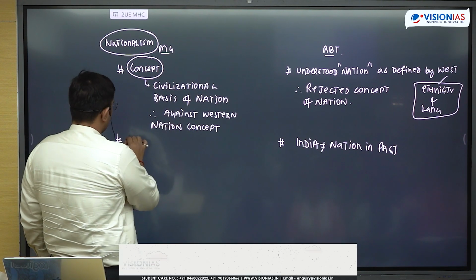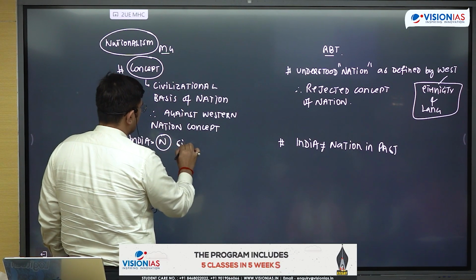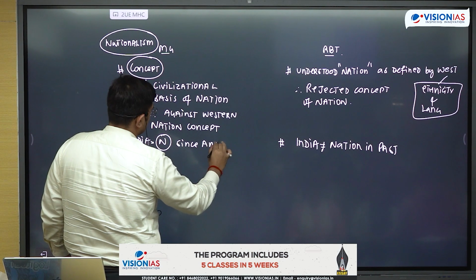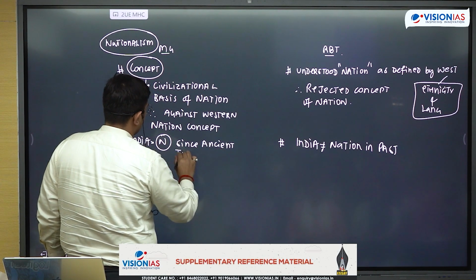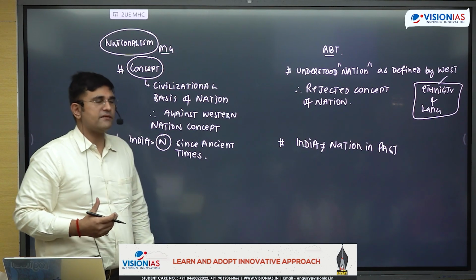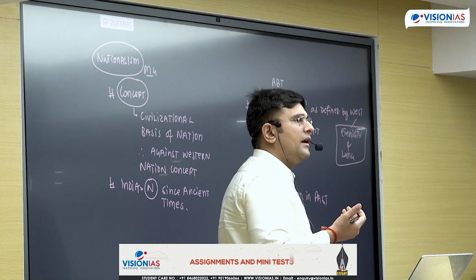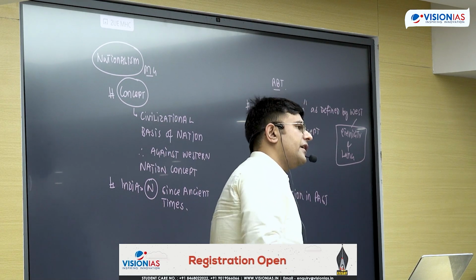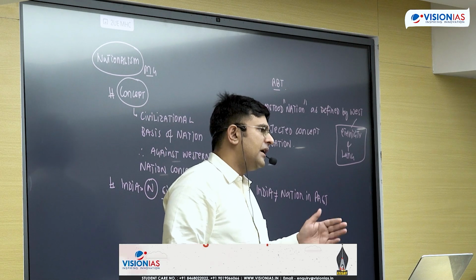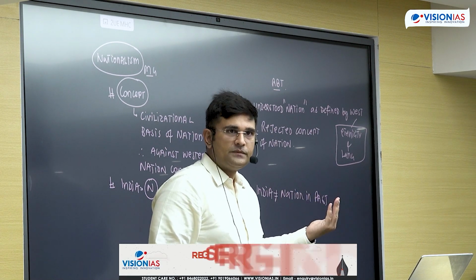Concept-wise, as we have said, for Mahatma Gandhi, India is a nation since ancient times. Why? Because of common civilizational values, common civilizational ethics. For example, there are different religions which have originated in India, and many of these religions have a lot of common philosophies, right?